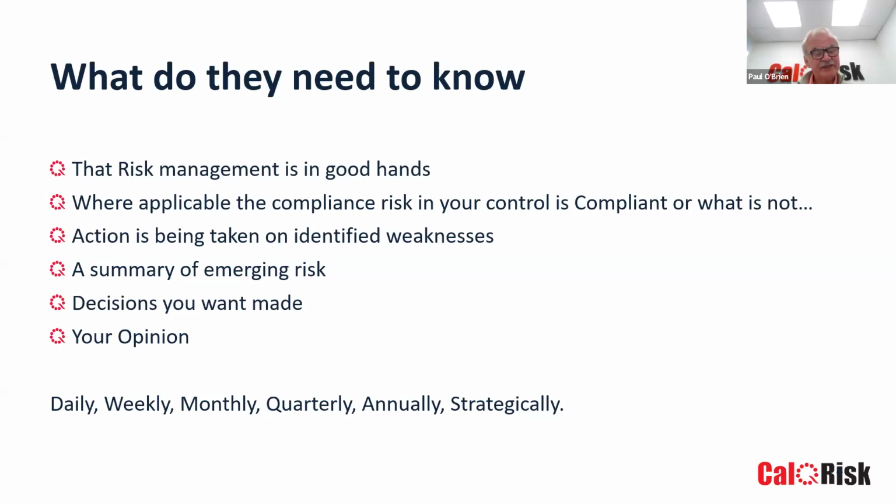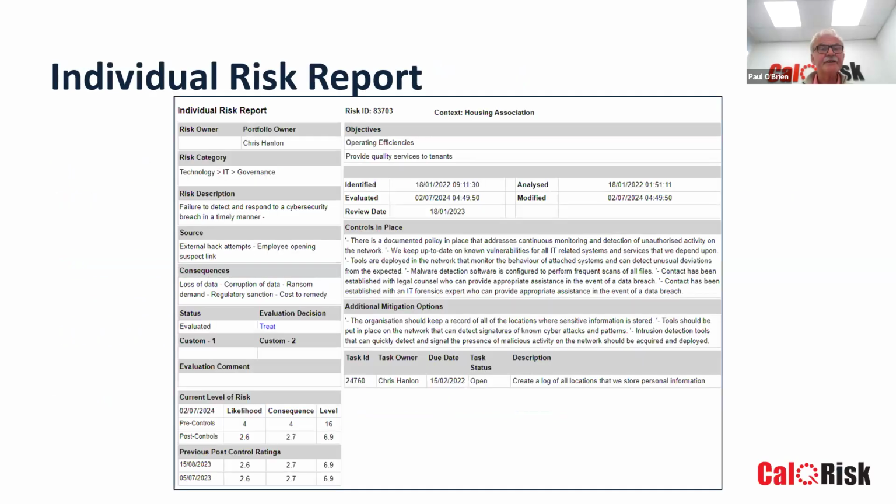Some people report daily, weekly, monthly, quarterly, annually, and some strategically, maybe once every three years. But whatever it is, understand, whoever the audience is, that they get full and comprehensive reporting of risk position. And by risk, I include the governance, risk and compliance triangle, if you like, in the reporting cycle.